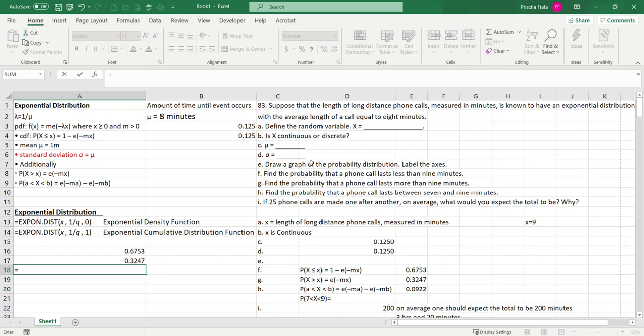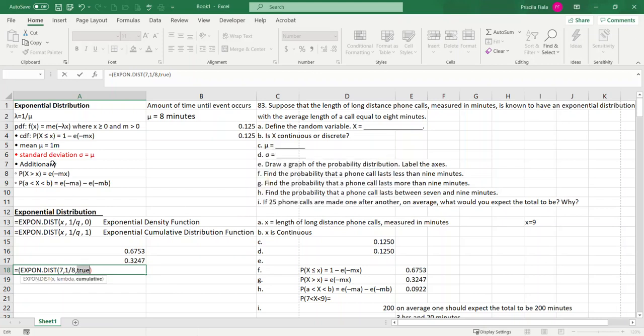So we're going to do the exponential distribution, 7, correct? My lambda is going to be 1/8. And then it's true because all the way to 7. But actually you have to do the other way around because you're doing 7 and 9. So you're really just doing this interval. So you have to subtract one from the other.